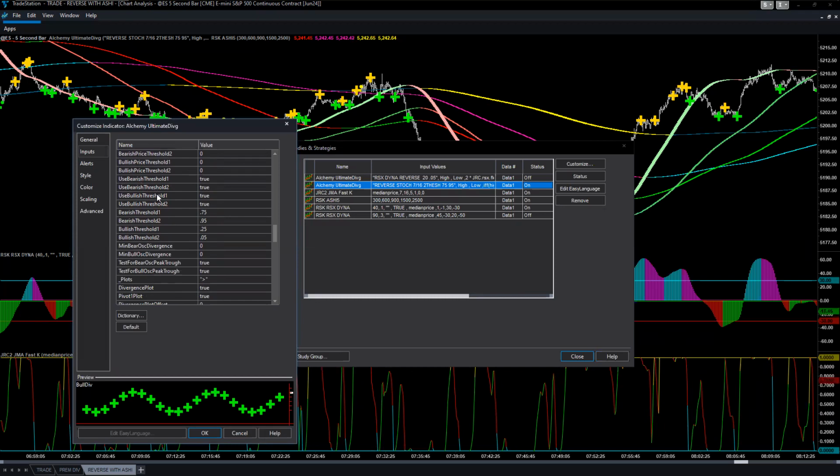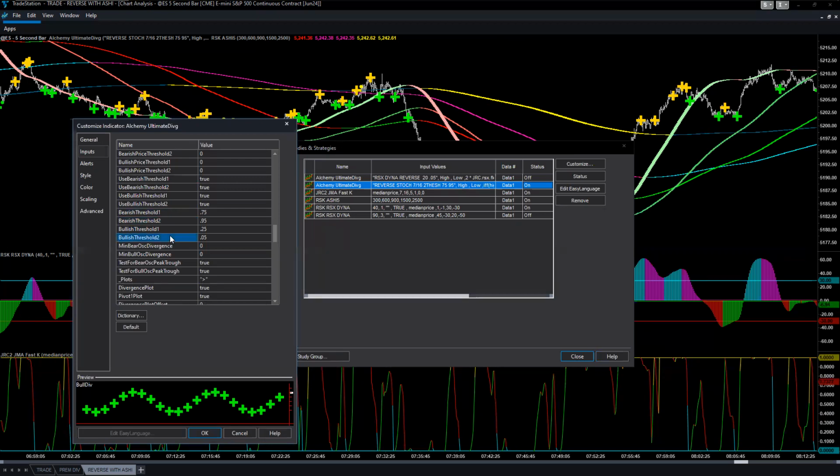But because we are looking for reverse divergence, it means that if we're at a lower high, the pivot needs to be a higher high on the oscillator, so that the second threshold compared to the original pivot has to be higher.